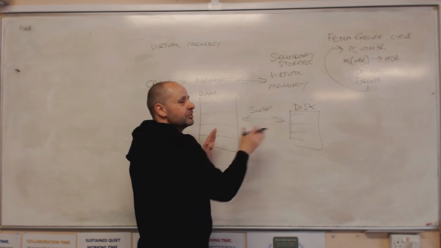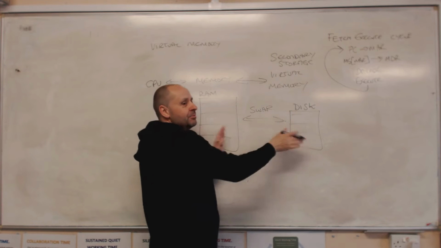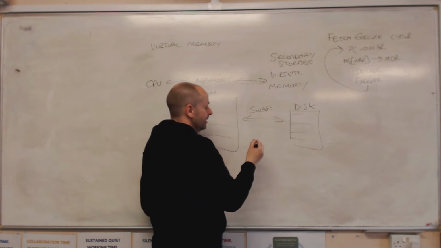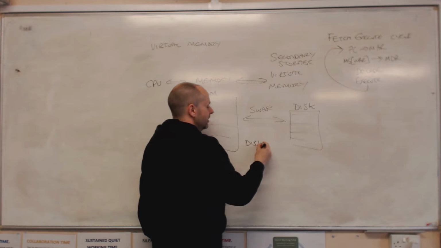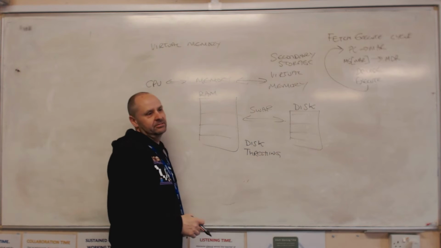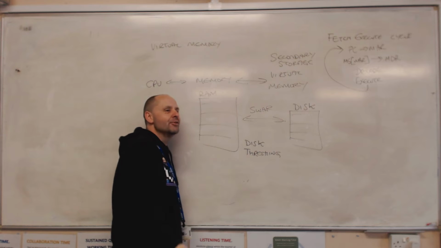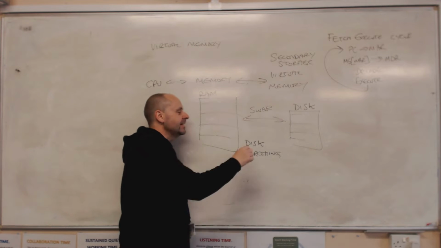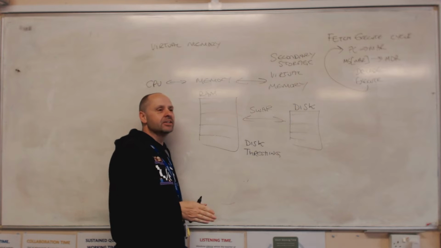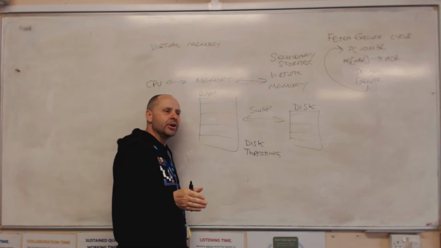If you end up doing the majority of your time swapping data to and from, because that takes time, you get into a process called disk thrashing. They should call it thrashing really, because you're like ruining your hard drive. It doesn't have such a massive effect with an SSD, because SSDs are a different type of memory, flash memory.